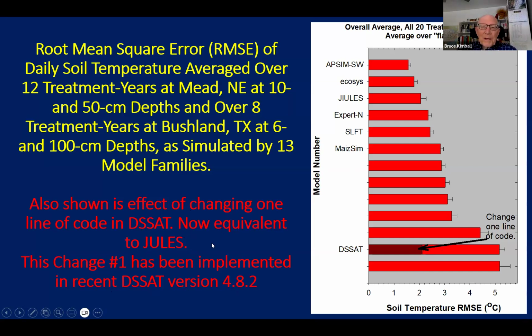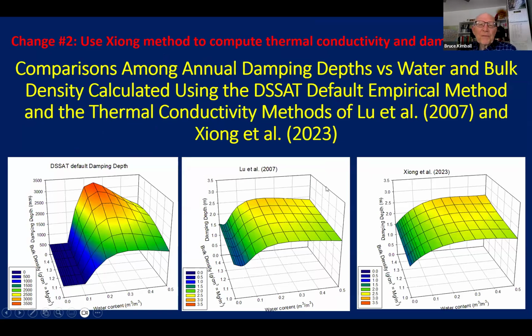But then I also was looking through the literature, and I have seen that there are some recent publications that have come out with new formulations for simulating thermal conductivity of the soil. Now this is a plot of the damping depth that was in DISAT that's done with empirical equations, where this is the damping depth, and this is bulk density, and this is water content.